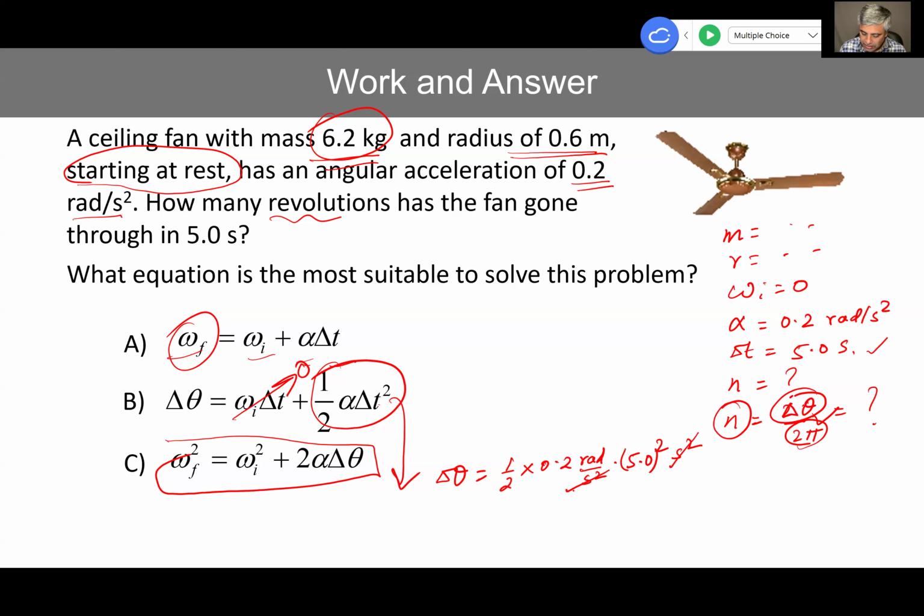So this cancels s squared, and we are just left with radians, okay? So this is 0.1 times 25, which is 2.5 radians.